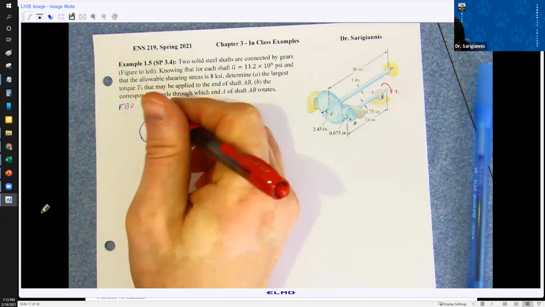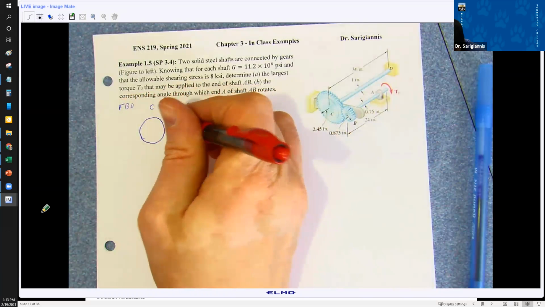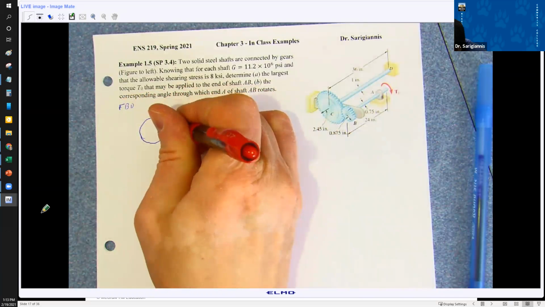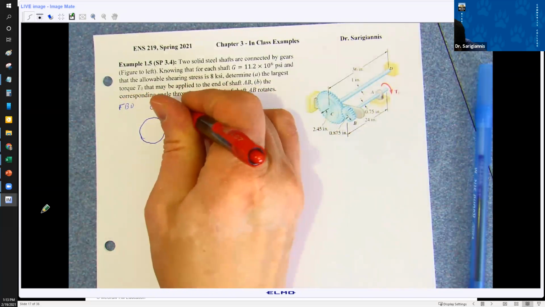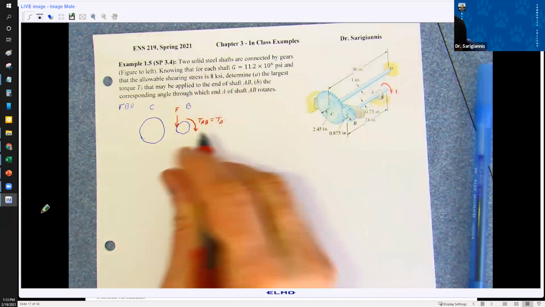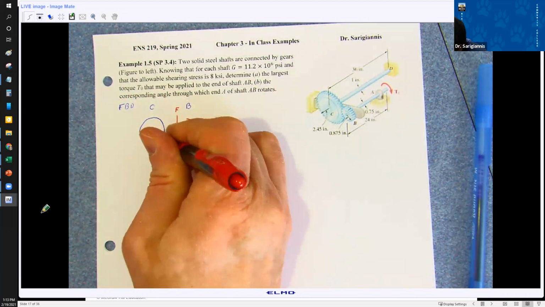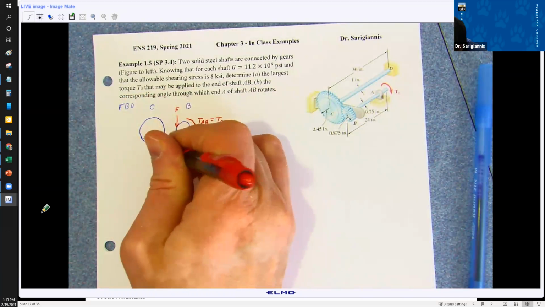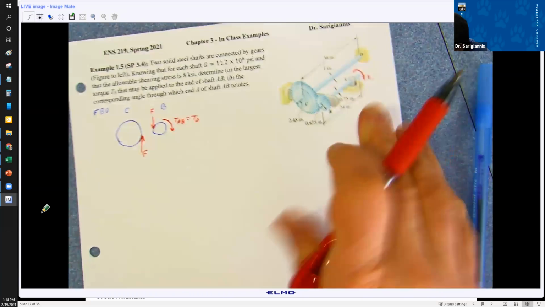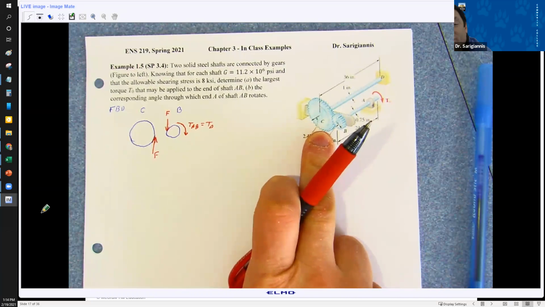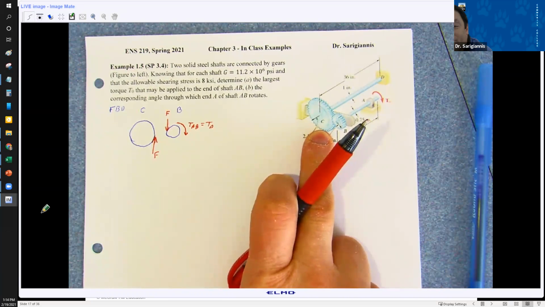We want to translate this somehow to what's going on over here. We've got a force and a force. Let me go through why I'm drawing them like this.